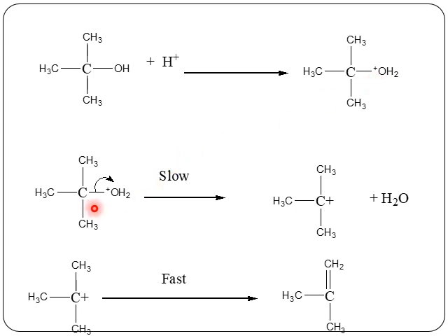Then this water is removed and we get a carbocation and water. Then the last step is the removal of hydrogen from the adjacent beta carbon, and as a result we get the double bond between the alpha and beta carbons.